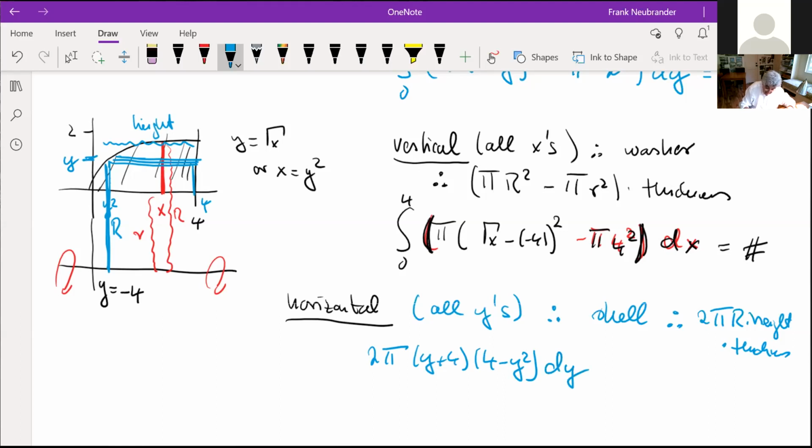And the thickness is a small increment in y direction. And you do this for all y between 0 and 2. You add this all up. Now you use the definite integral command on your calculator. You compute the number. And again, if the two numbers coincide, you did it right. If not, you have to do it again.